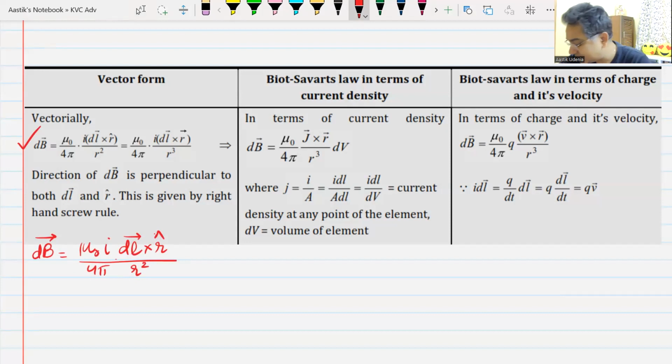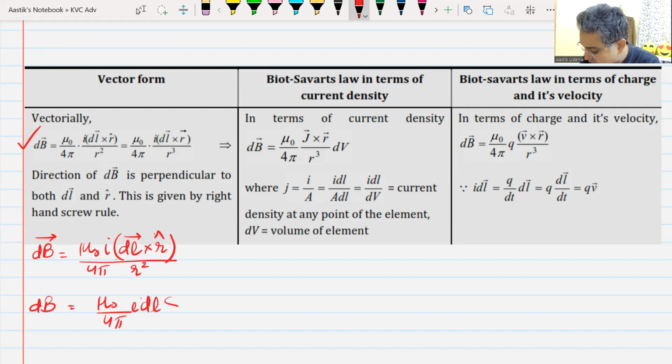This is the vector form of the equation. The scalar form remains the same, mu naught by 4 pi I dl sine theta divided by r square. Do we understand this?